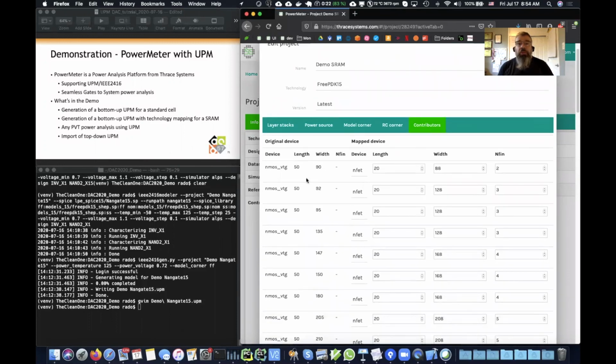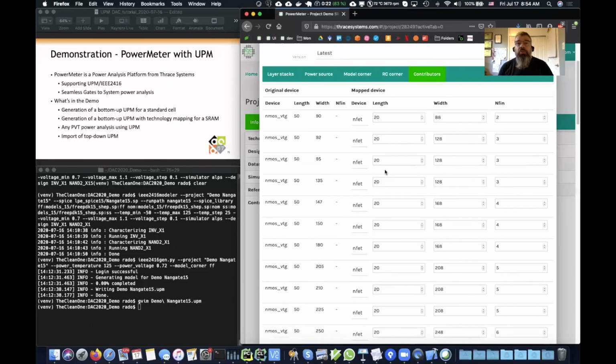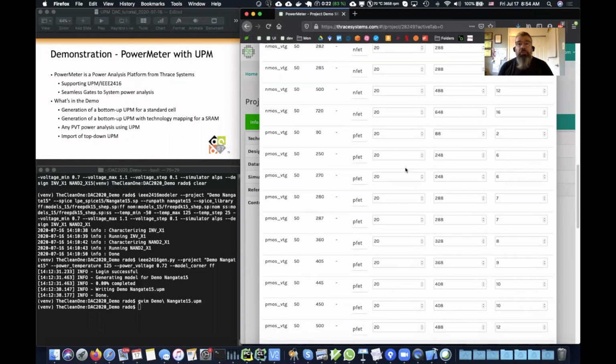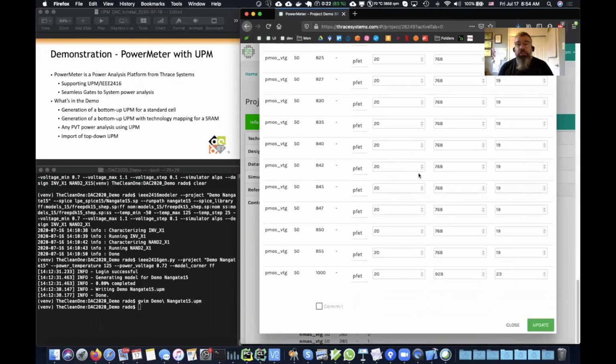We have the source transistor type, and we have the target transistor type. These are pre-populated with values which we have received from Professor Red Davis, mapping one transistor type to a different transistor type. You can see we have the full list, and we're just going to say update.